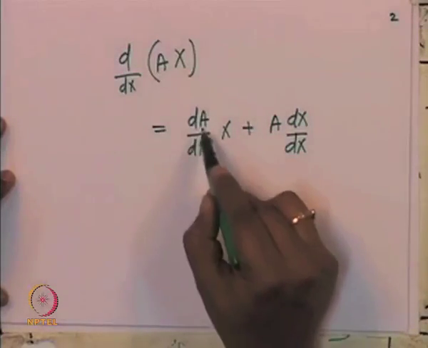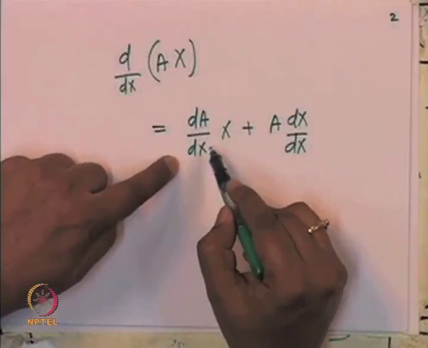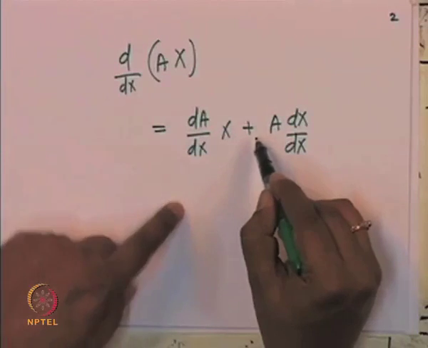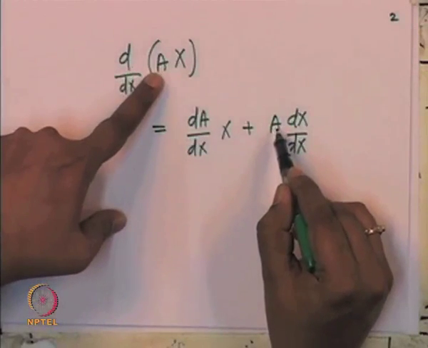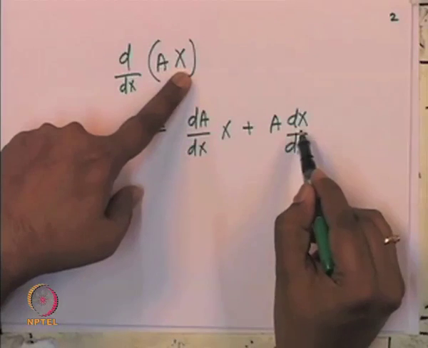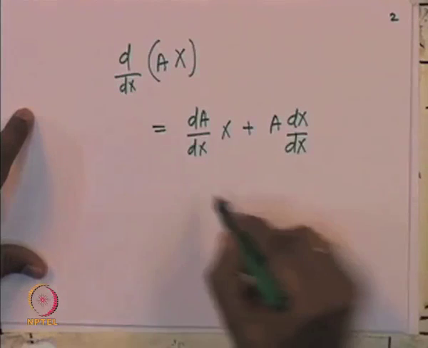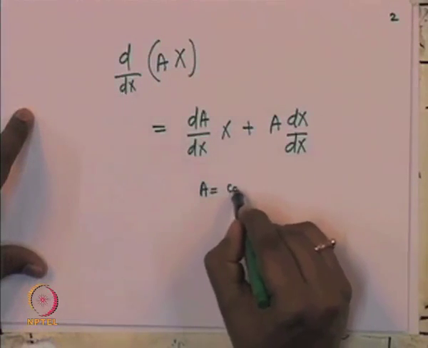Take the derivative of the first one multiplied by the second, x, plus keep the first one a constant and find the derivative of the second, which is dx by dx. Now, a is a constant.